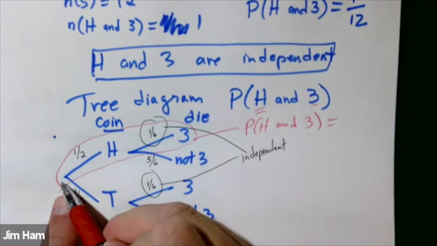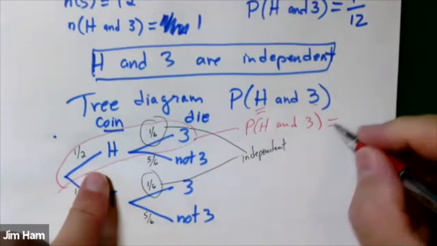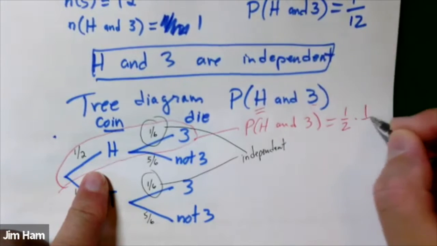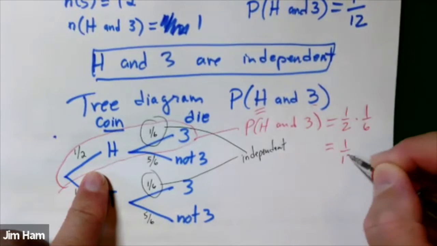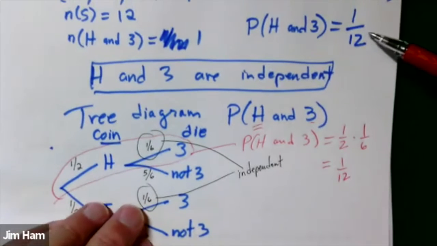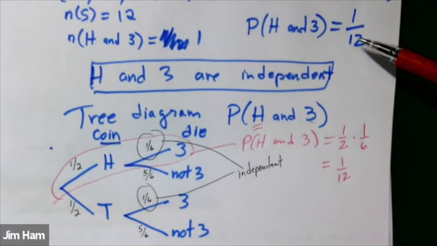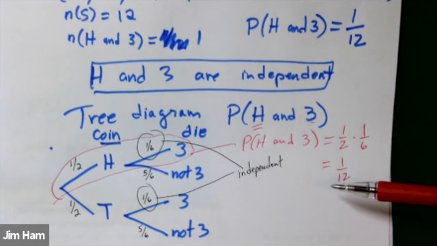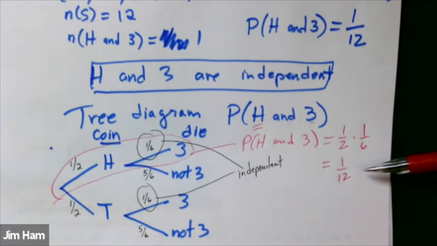So if you go head and then 3, you have 1/2 times 1/6, and that is, no surprise, equal to 1/12. So we showed it up here using the definition of how to calculate it, but the tree diagram is much more powerful, and it'll calculate the same probabilities for you. And the two events don't even have to be independent for this to work. So if you can, try to draw a tree diagram when you have this and that probabilities.